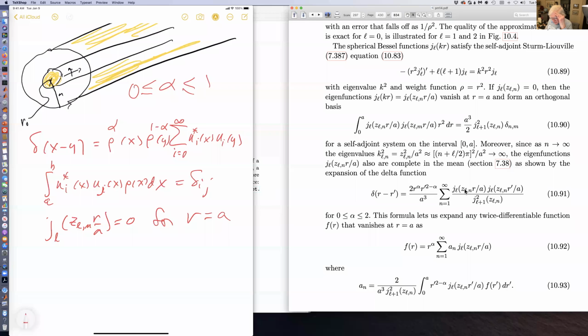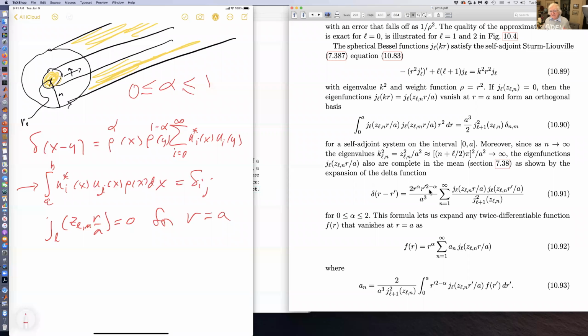And the expansion of the delta function that's analogous to this equation is, in this case, it looks like this. This is rho to the alpha, rho to the 1 minus alpha, and rho being r squared.